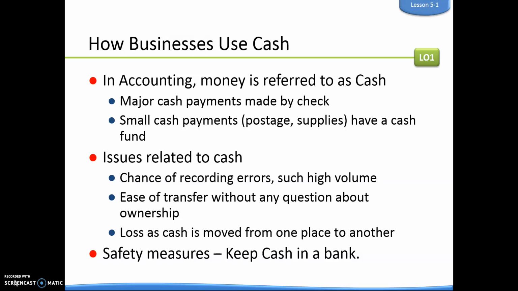More recording errors because you have more volume of transactions related to cash. It's very easy to transfer ownership without any question. You can give someone a $5 bill and forget very easily where it came from. And then, of course, you have the loss of cash as it's moved from place to place. So typically what businesses do is they keep their cash in a bank, and that's why we have checking accounts that they need to work with.